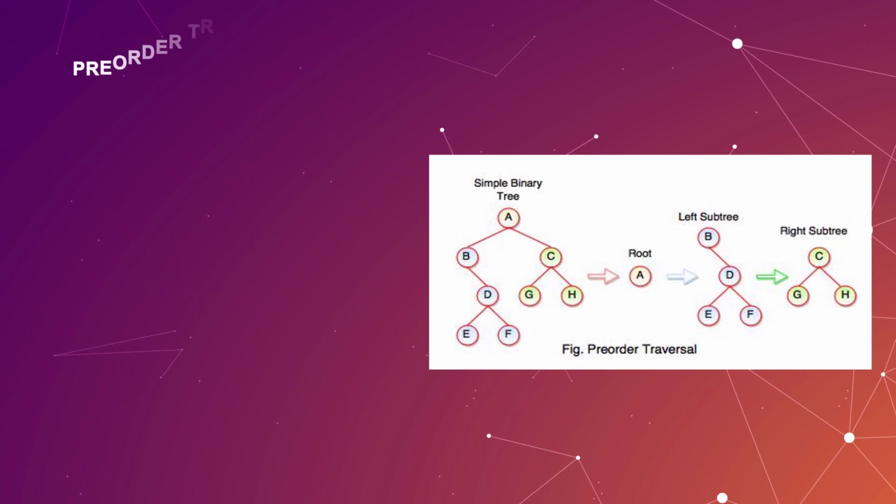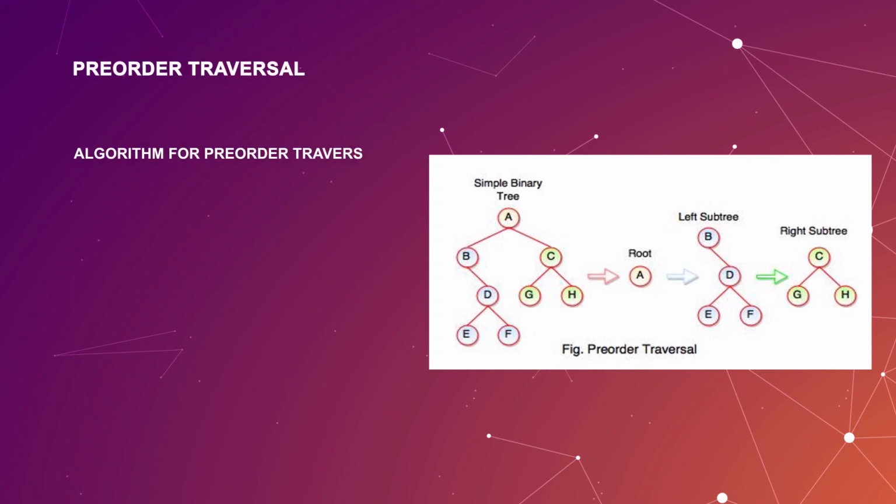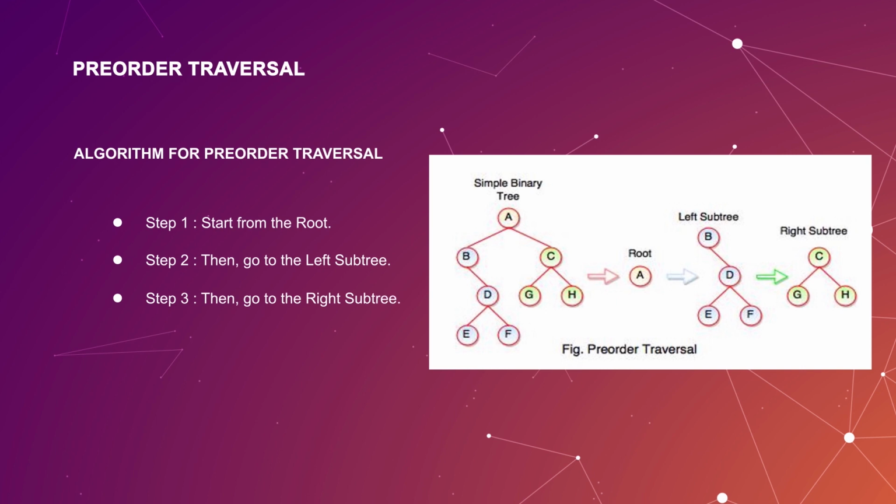First one is pre-order traversal. The algorithm of pre-order traversal: step number 1, start from the root. First you have to fetch the root item, then you move on to the next step. Step 1 is you read the root item.